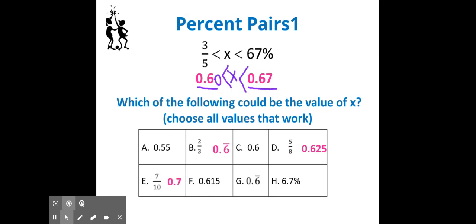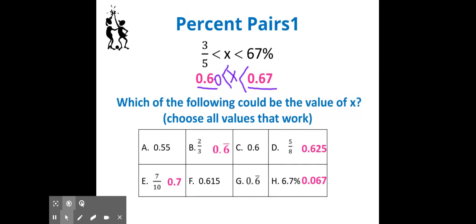And H, 6 7/10% as a decimal, 67 thousandths. Now you can do a much easier comparison for all 8 answer choices to see if each one falls within that range. Greater than 60 hundredths, but less than 67 hundredths.